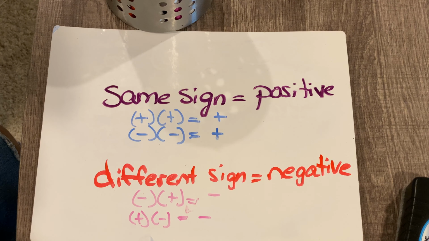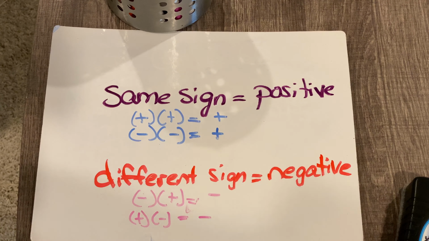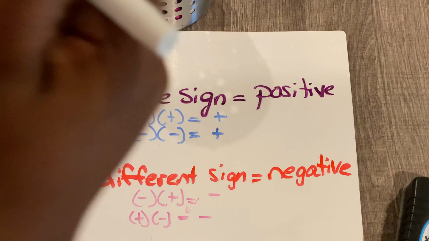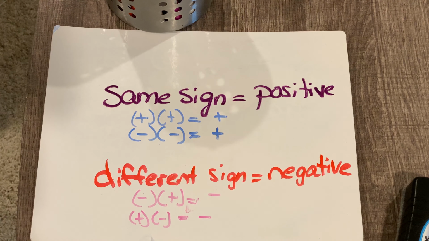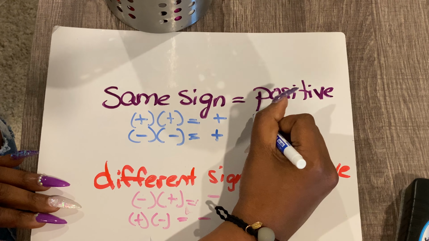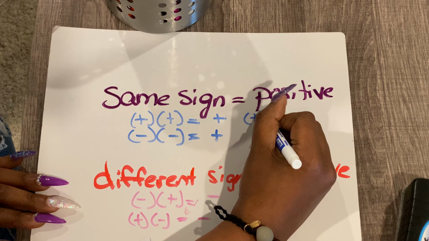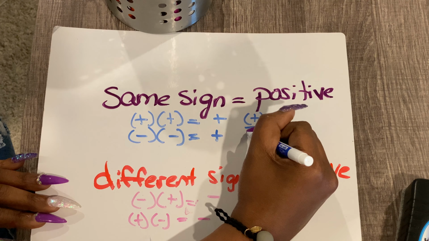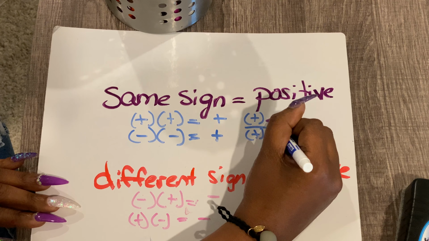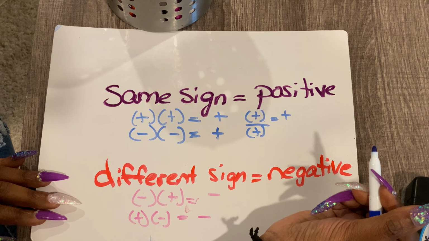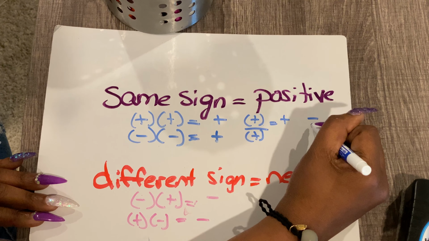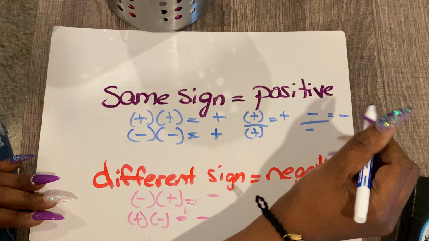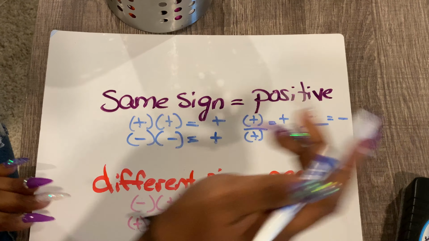But Miss T, what do I do when I'm dividing? When you're dividing, it's going to be the exact same thing. A positive divided by a positive is going to equal a positive. A negative divided by a negative is going to give me a positive. Same thing.